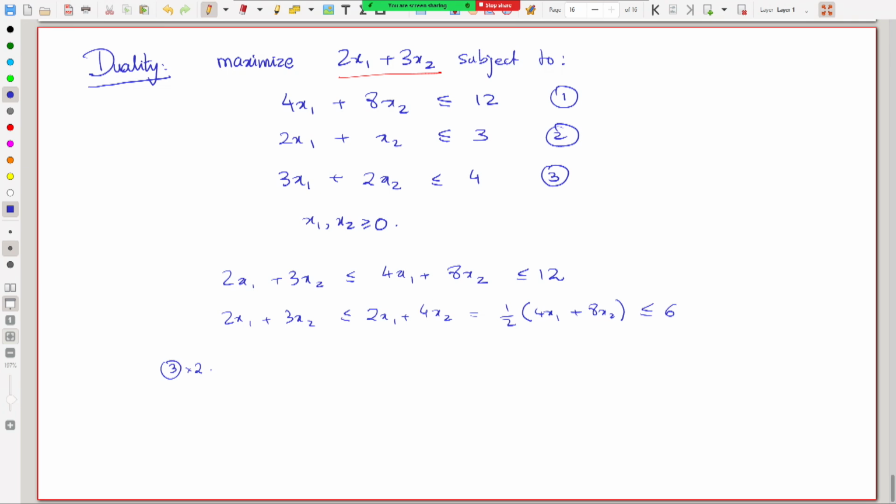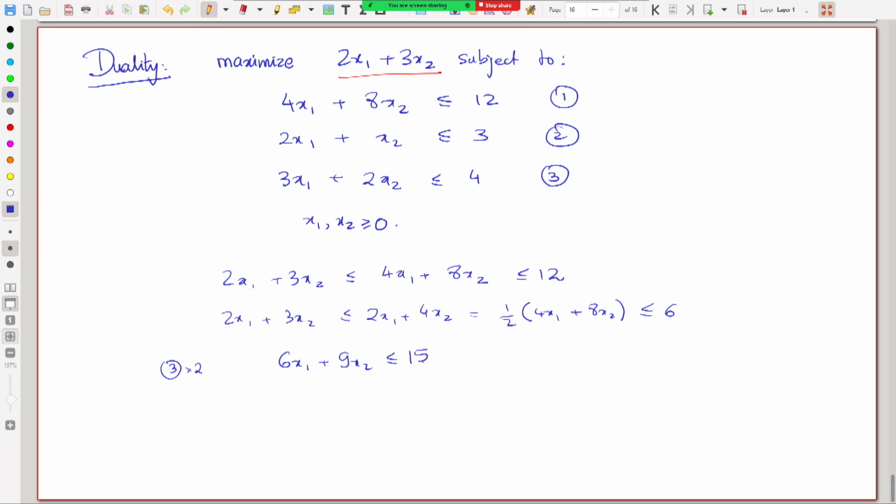So can anybody do better than 6 without solving this? Add equation 1 and 2. If I add them, I will get 6x1 plus 9x2 is less than or equal to 15.